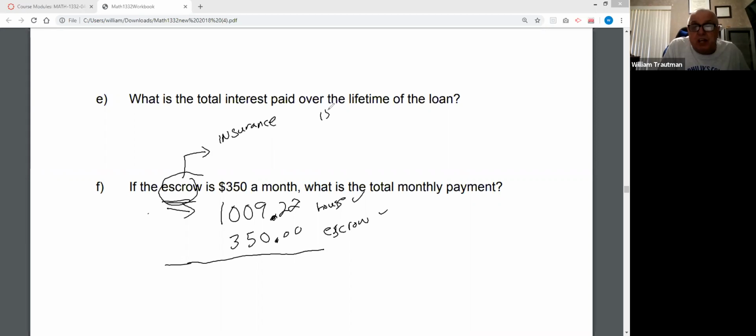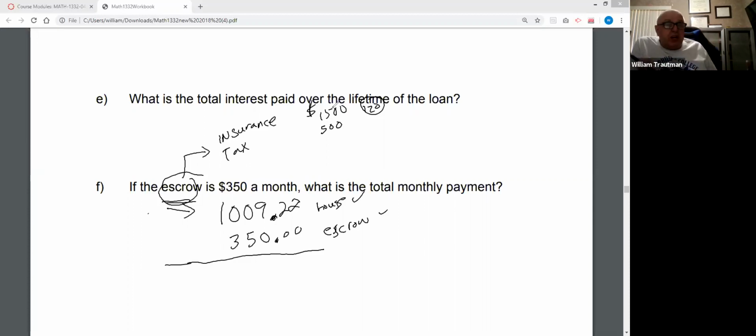Let's call it $1,500, which is about $120 a month. You also have to pay taxes to the city, and taxes on a $200,000 house are somewhere around $5,000 or $6,000. Your school tax and your property tax, all that's in your house payment.